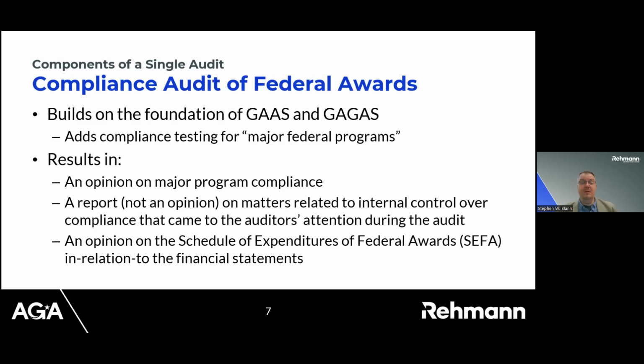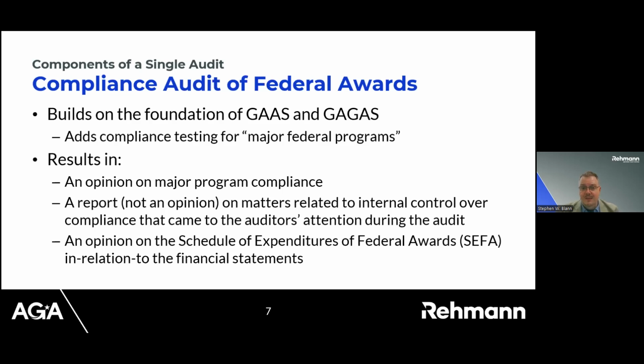And whether that comes straight from the feds or gets passed through the state or some other entity on the way, those strings, those compliance requirements have to be adhered to. And what the opinion is focusing on is, did the non-federal entity who received federal funds carry out those programs in a way that complied with the rules? Now, in addition to the opinion on whether they comply, the auditor is also going to issue a report, again, not an opinion, on matters that came to the auditor's attention about internal control.